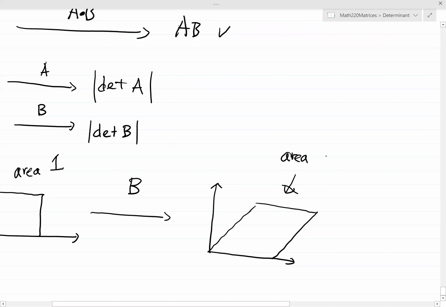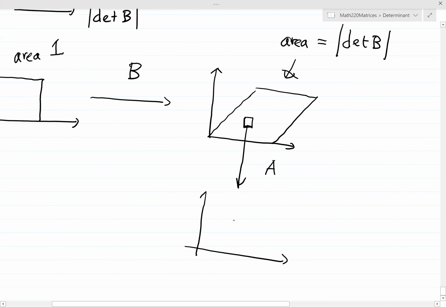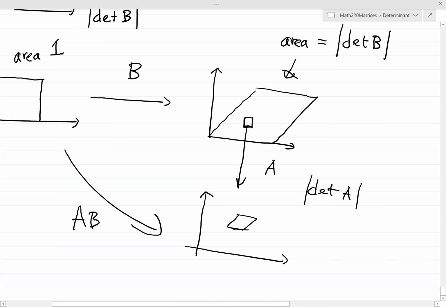The area change is the absolute value of the determinant of B. Now you can choose a small box here, and then apply A, and you may get this. Multiplication of the area is multiplication by the determinant of A. When the area is 1, we output the determinant of A. The corresponding change is multiplication by the determinant of A. So the total change is AB.